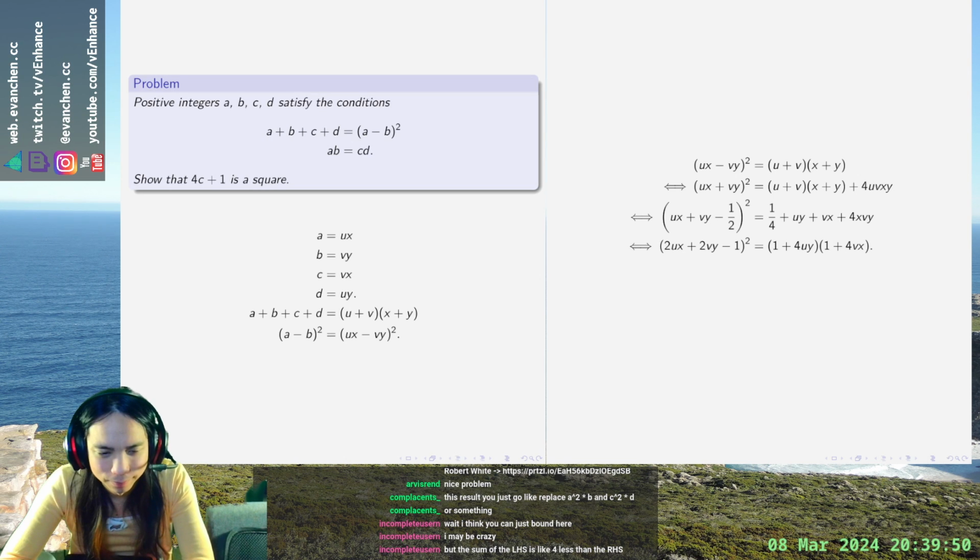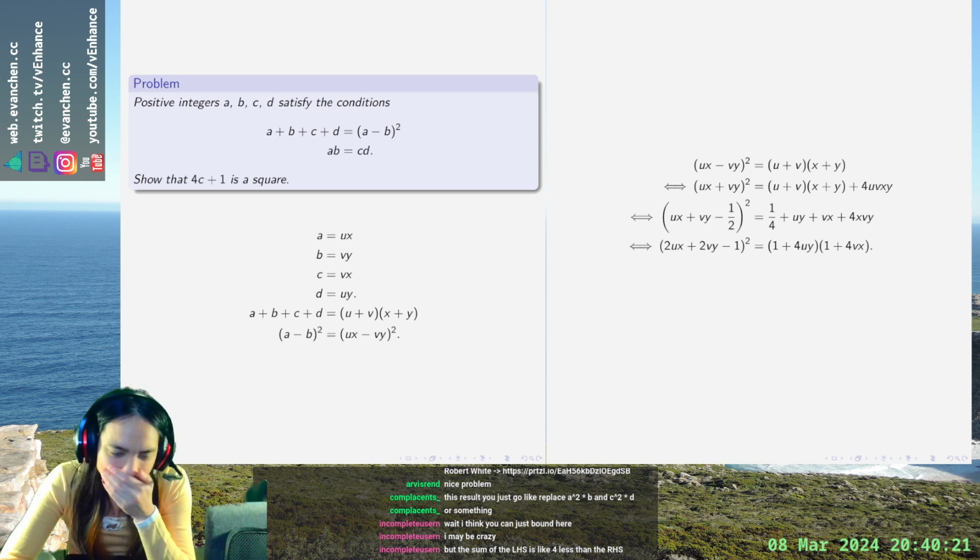No. So, if P is a prime that divides both things, then it implies... I need to compare the VPs somehow, which is super annoying.